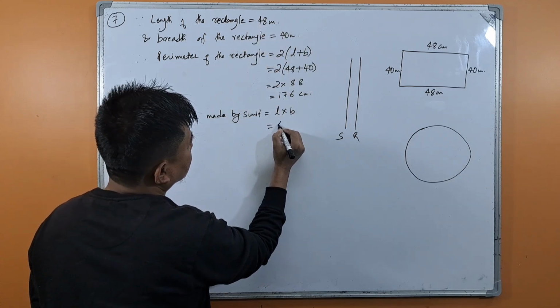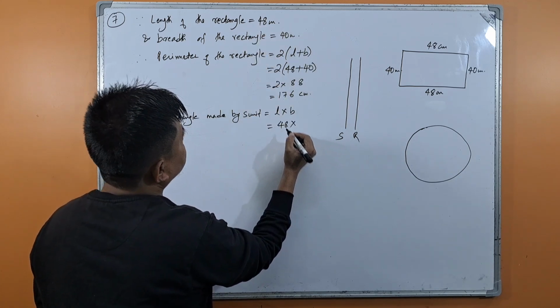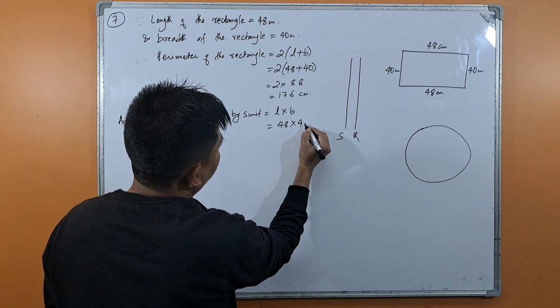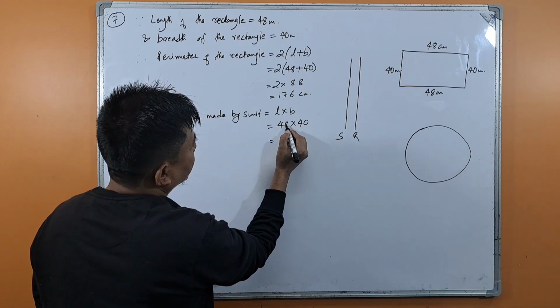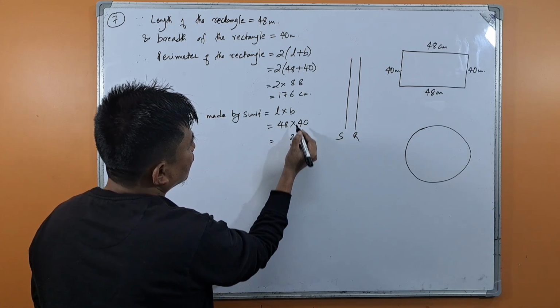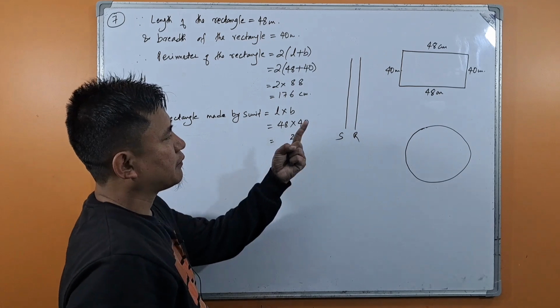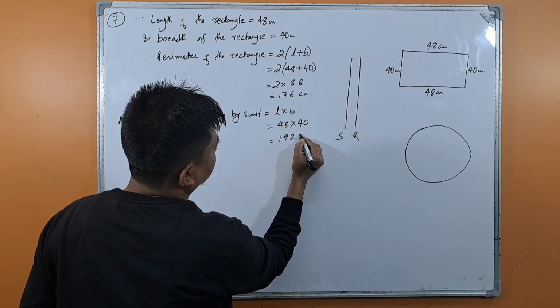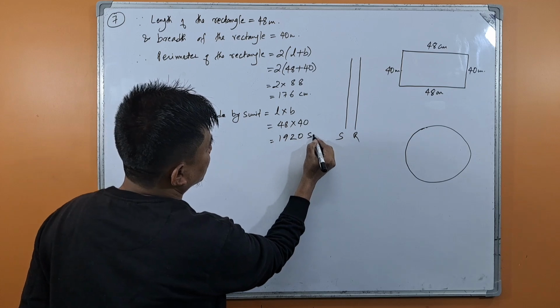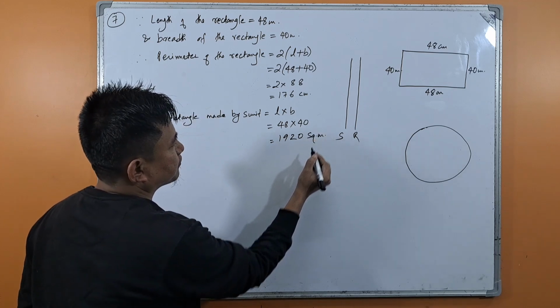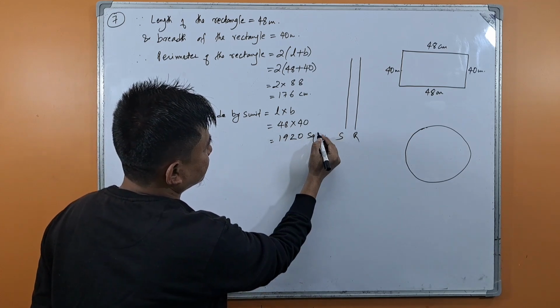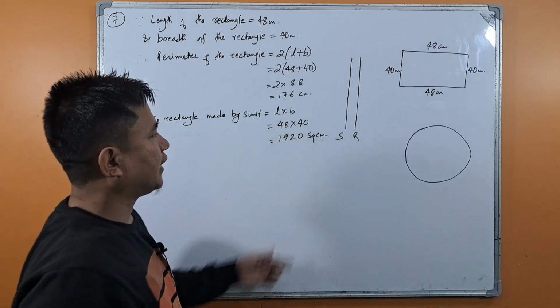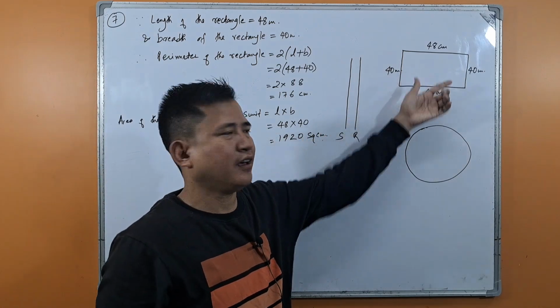Length is 48 into what is breadth? Breadth is 40. So 4 8s are 32, 4 4s are 16, 17, 18, 19. 19, this 0 we write here. 1920 square centimeter, okay? This is the area of this rectangle.